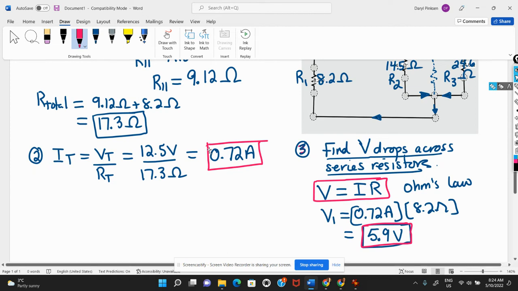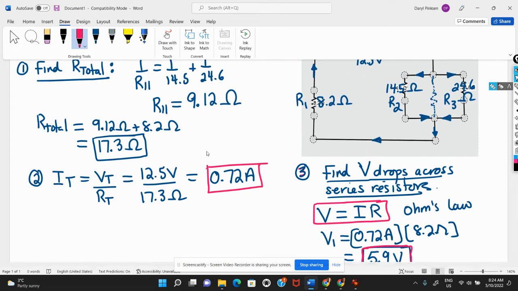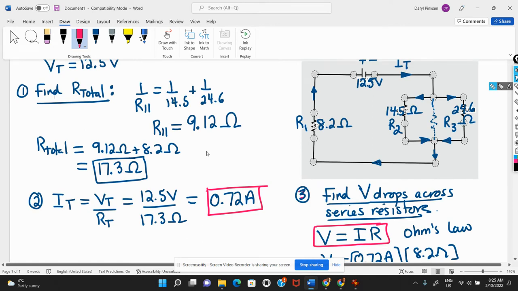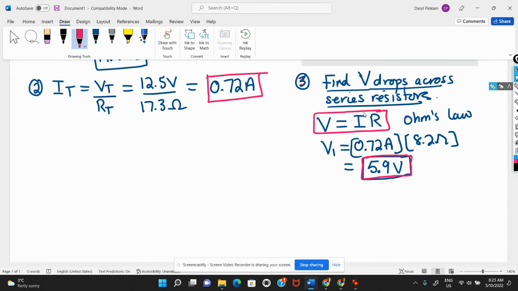Now that I've got that done, if there were another resistor in series, we'd have to find out what the voltage drop across it is. And so once you know what the voltage drops are across the resistors in series, then whatever voltage is left over must be the voltage drop across the parallel branches. So I'm going to write that out. So number 4.